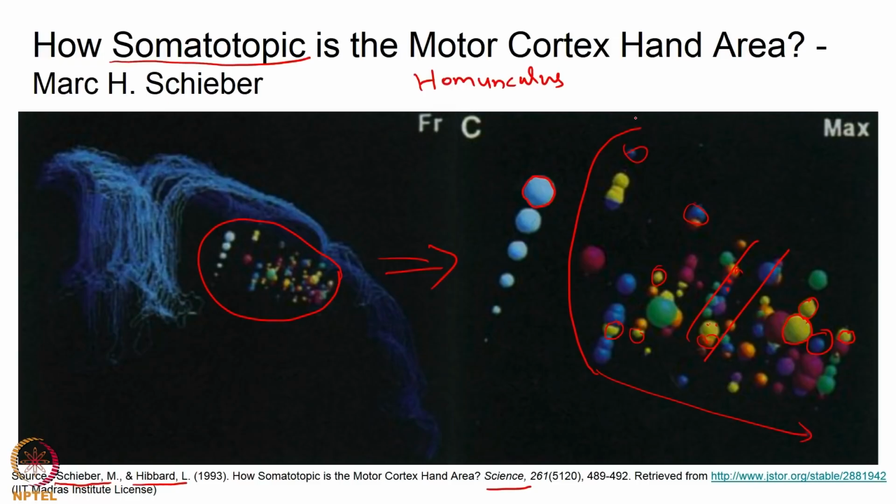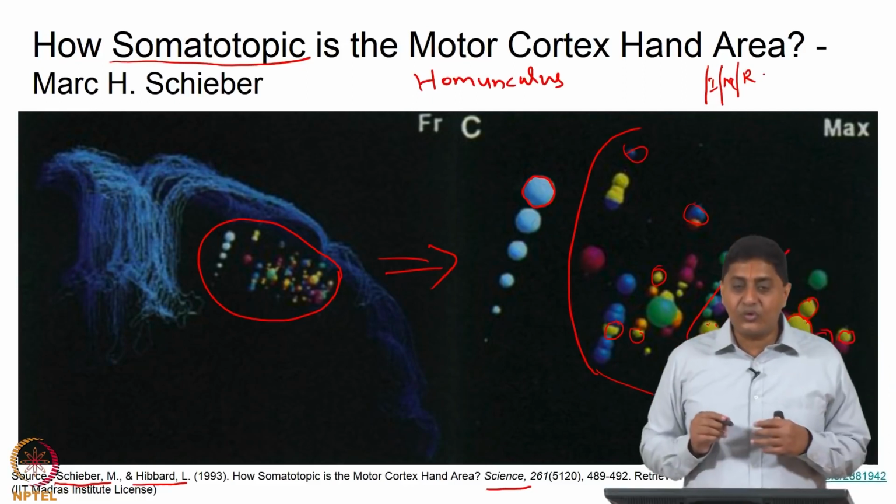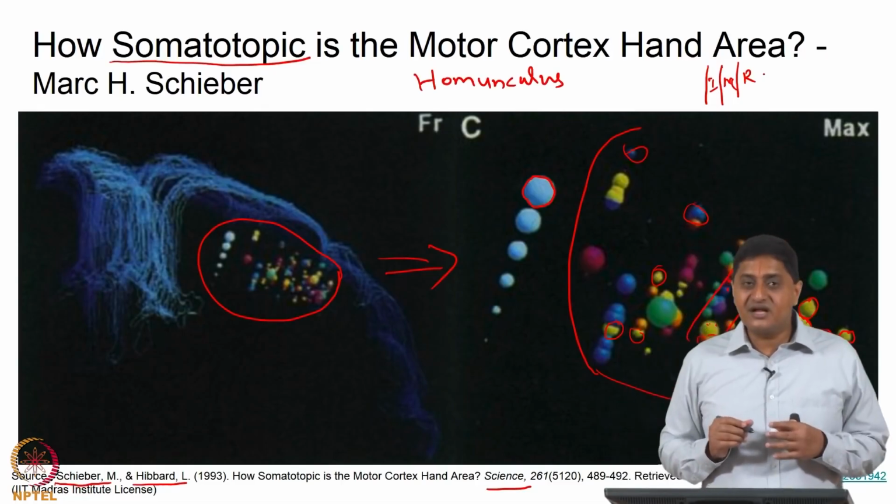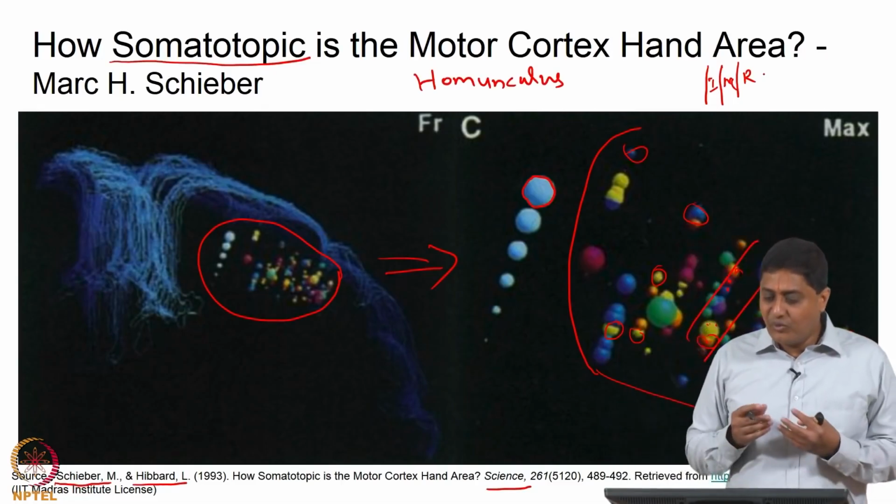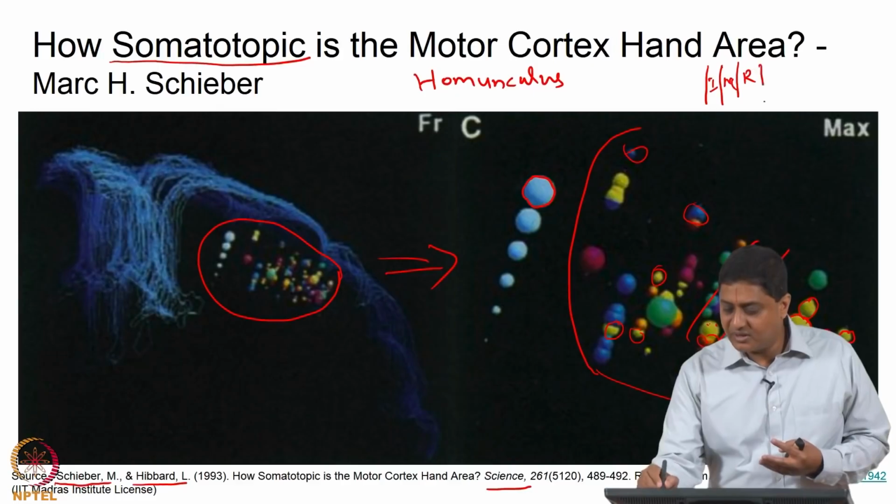So, there is distribution. In other words, it is not like I have, this is the index area, this is the middle area, this is the ring area, and just to the left or right of that there is no other neuron. It is not like that. Or in other words, it is not so somatotopic, or it is not a strict boundary between these neurons.